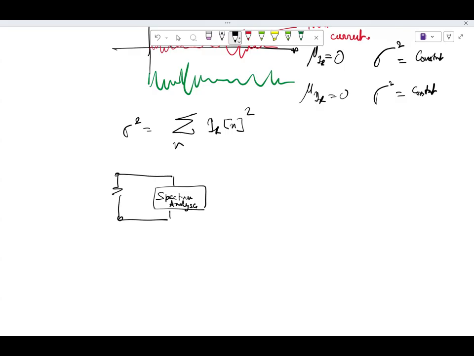Which essentially means that instead of a spectrum analyzer, I can say that I put a band pass filter of, let's say, 1 hertz bandwidth, and at the output, I check the power. Now, power by definition is not instantaneous power in this case.